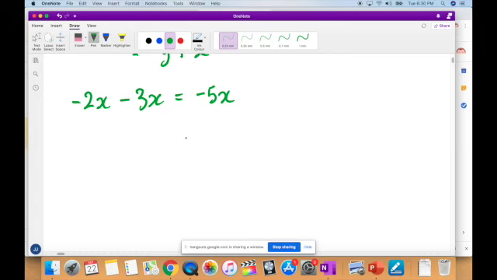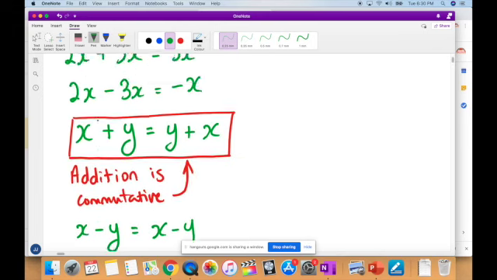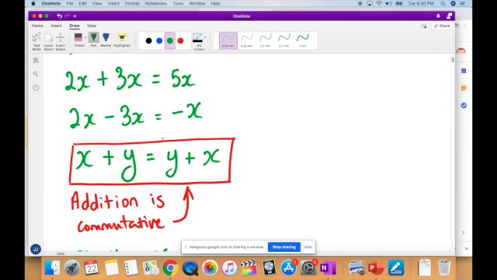What's the rule for this? When you have the same signs, what do you do? Yeah, add, and you keep the sign. And when you have different signs, as we saw here, you subtract and you keep the sign of the larger number. Yeah? Right.